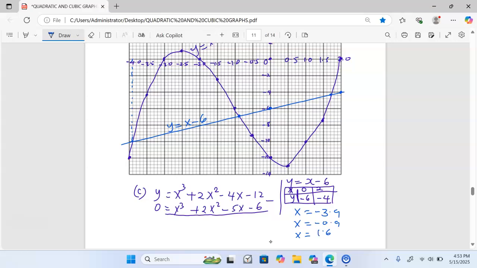Those are the solutions. But again, it is very important that you show how you have picked your values, and therefore you need to draw a broken line towards the x-axis to show how you have picked your answers.